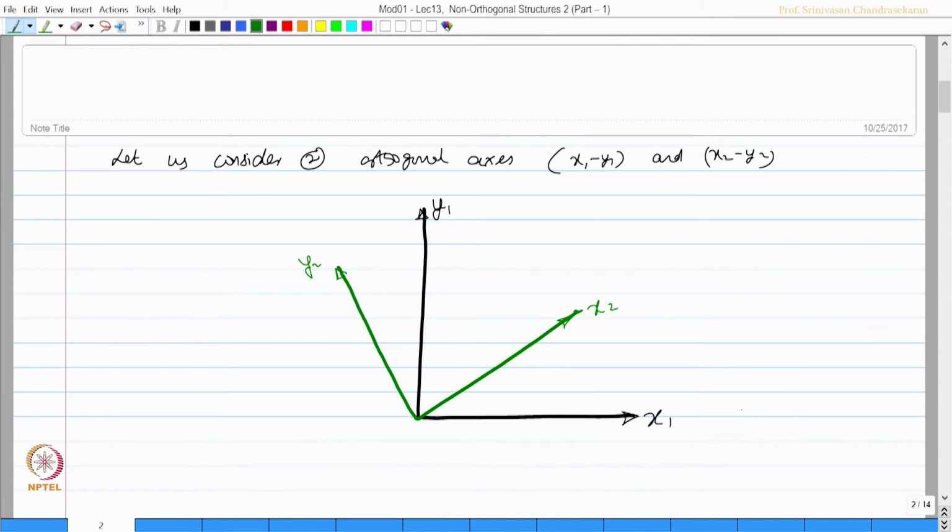They have a common point origin O. Let x 2 y 2 be rotated anti-clockwise by theta degrees. Let us say this is theta degree.